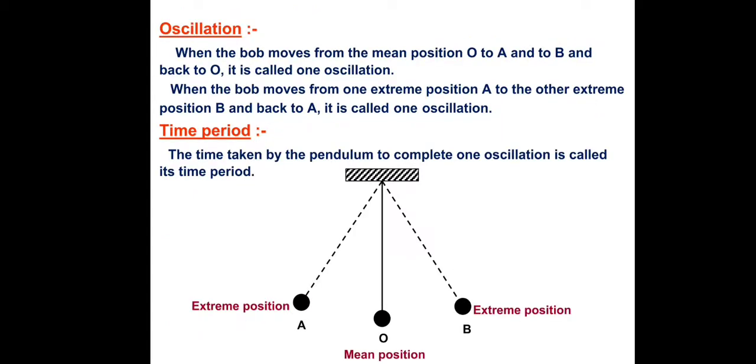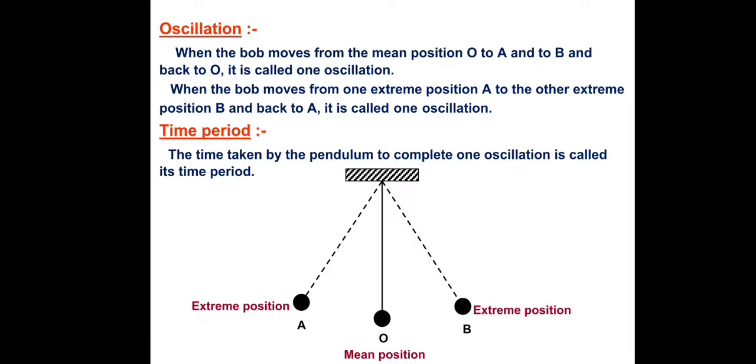Now, oscillation. When the bob moves from the mean position O, the central position, to A, the extreme, and again comes back to O, then goes the other way to the extreme position B, and again comes back to O, this motion is called one oscillation.